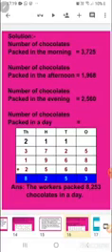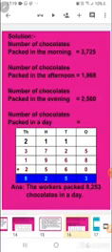Now what we have to find out? We have to find out number of chocolates packed in a day. How we will find out that? By adding all the number of chocolates. So we have to add 3,725 plus 1,968 plus 2,560.